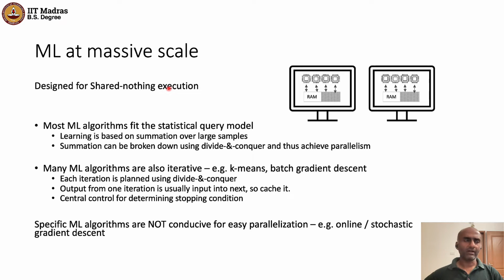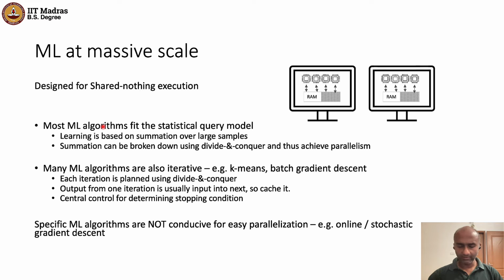And they were trying to analyze what the common properties were, what the characteristics of such algorithms were. And they came up with a paper which summarized those learnings and then showed using simple pseudocode for some of the popular ML algorithms how they would fit into this characteristic.